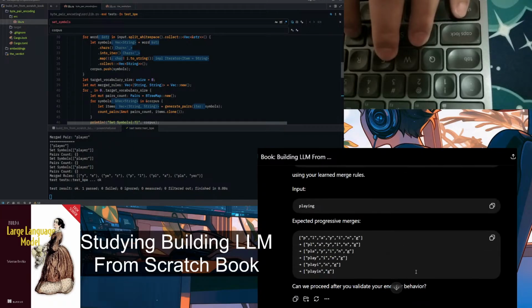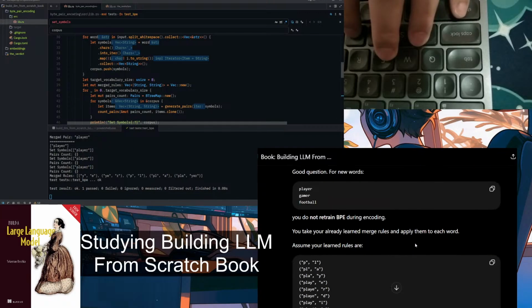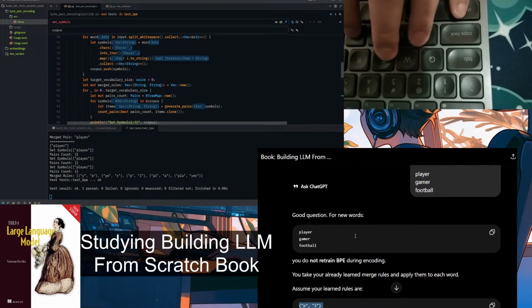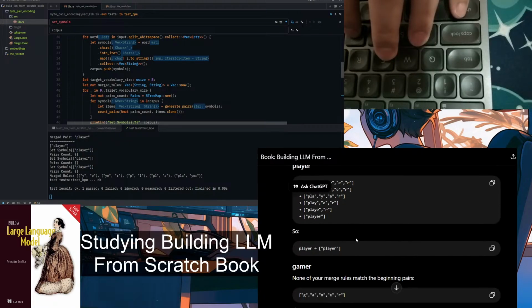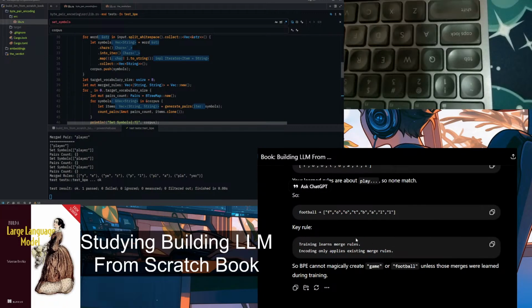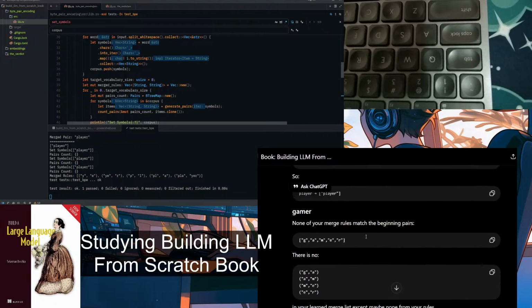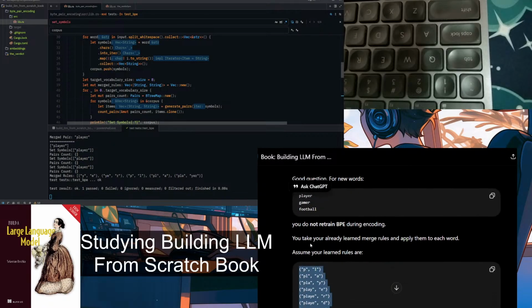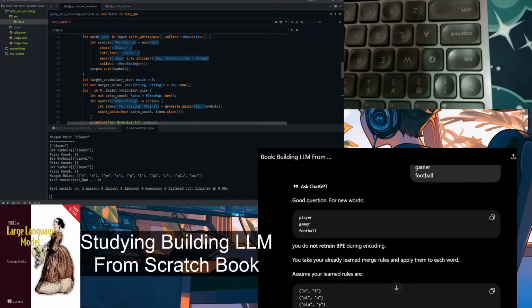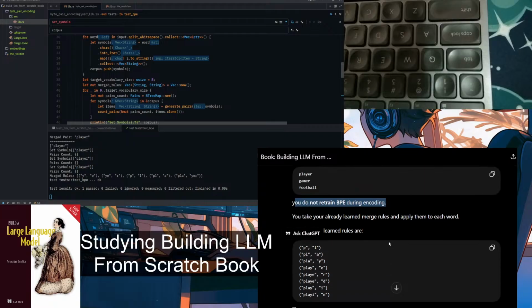Then player. So BPE cannot magically create game or football unless those merges were learned during training. So for new words, player, gamer, football, you do not retrain BPE during encoding.